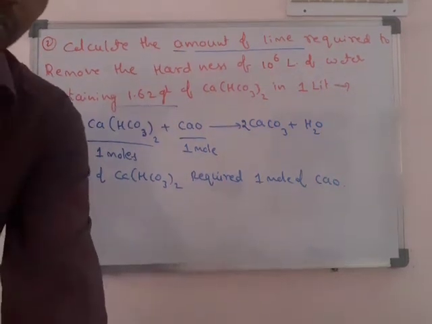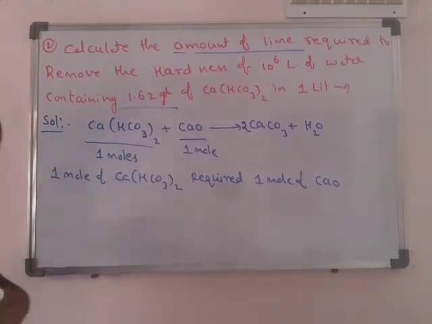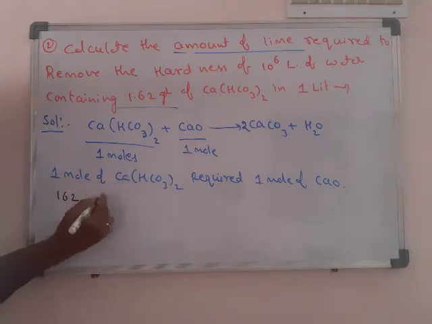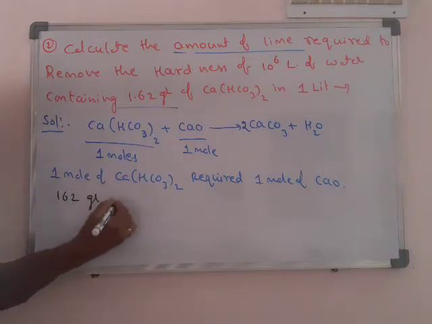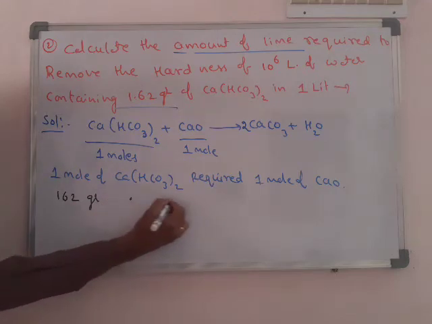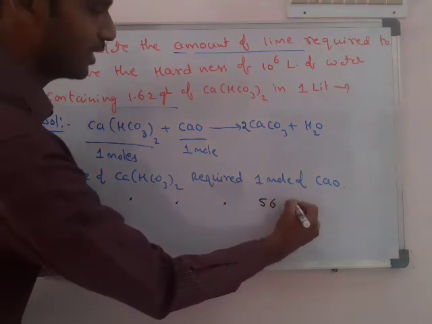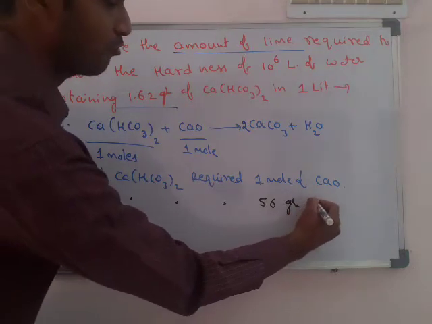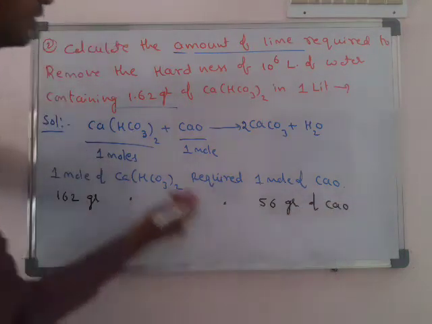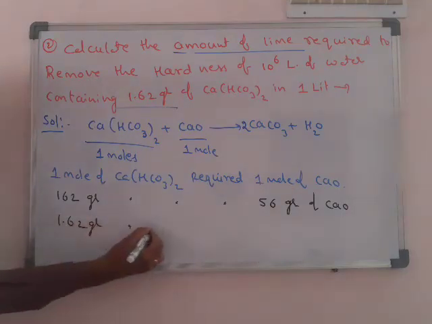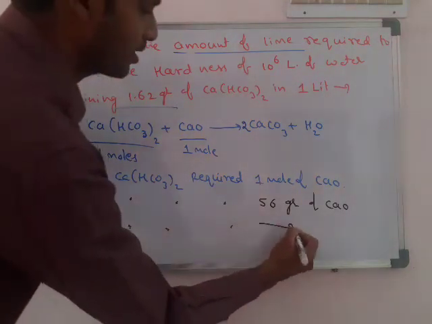So each value we can convert into moles, it's our choice. 1 mole I am converting to grams. 1 mole means 1 molecular weight. Its molecular weight is 162, so 162 grams of calcium hydrogen carbonate requires 1 mole, which means its molecular weight, 56 grams of CaO. Then what about 1.62 gram? 1.62 gram needs how much CaO?